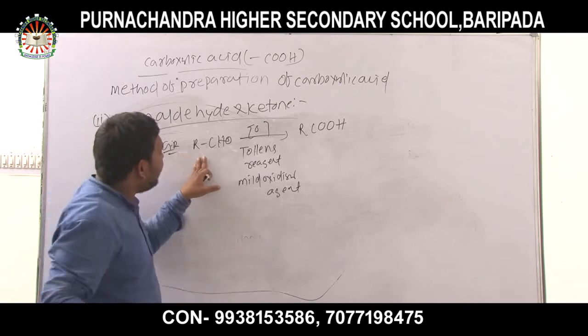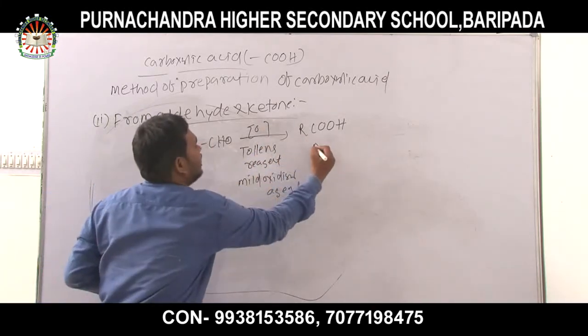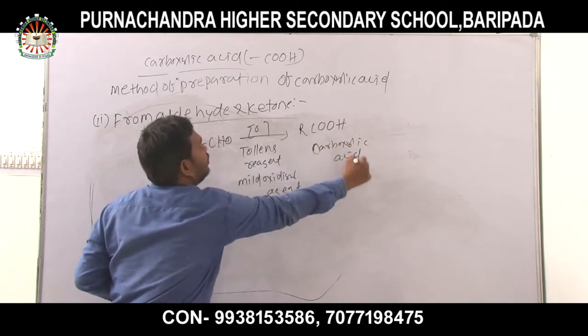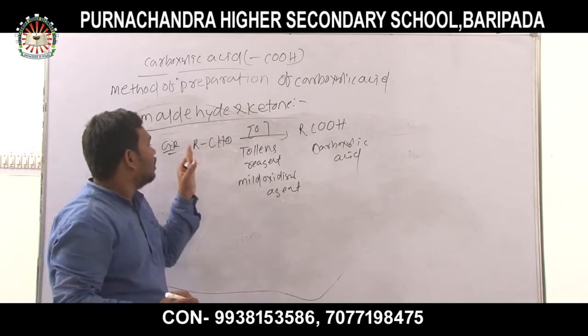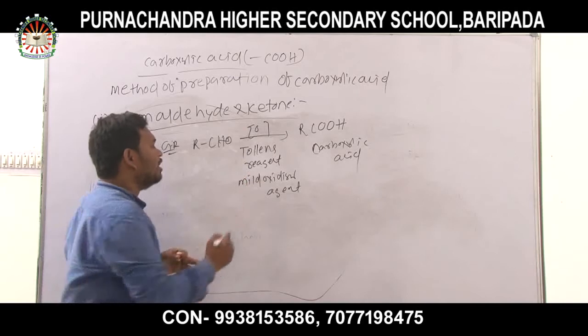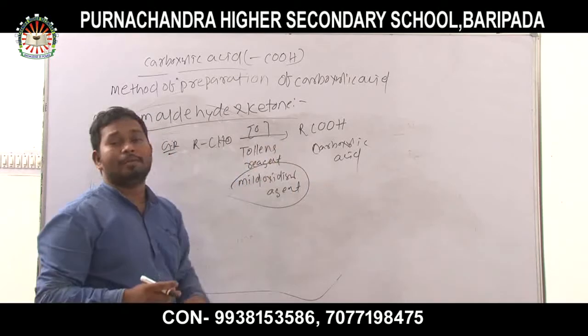When aldehyde undergoes oxidation in the presence of Tollens reagent, then a carboxylic acid is formed. That is how we can prepare carboxylic acid.